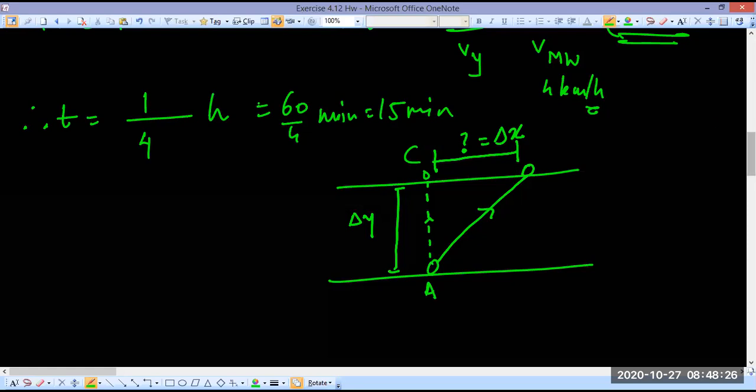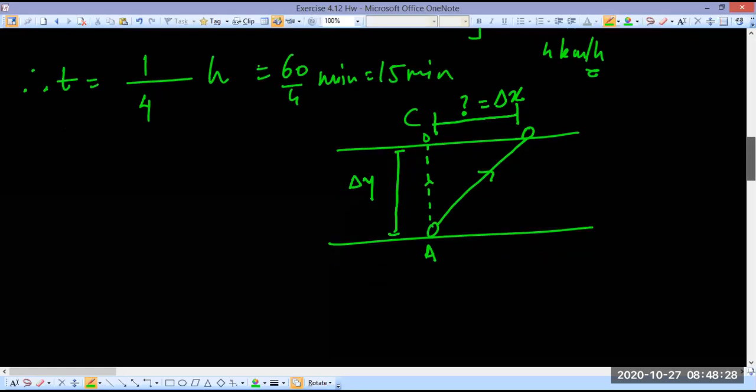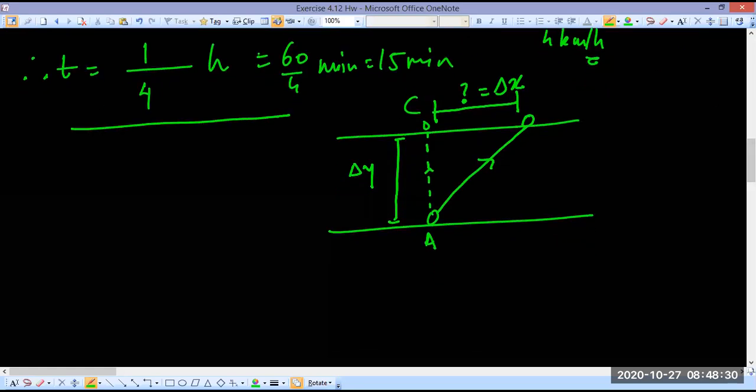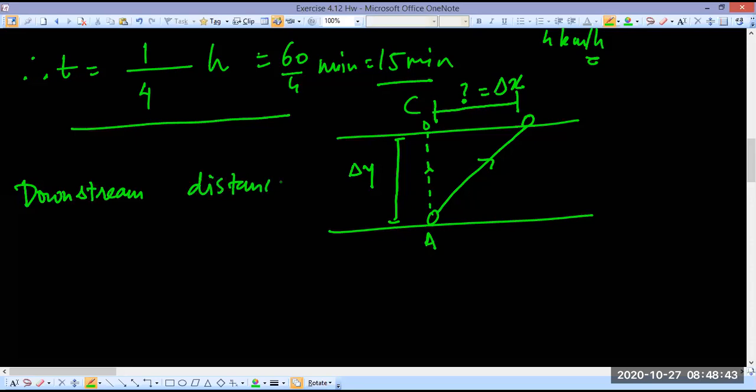So we have to find delta x and we know the time. In 15 minutes, how much will he get dragged downstream? So we can write, downstream distance covered.